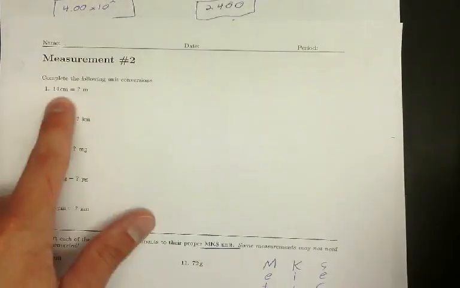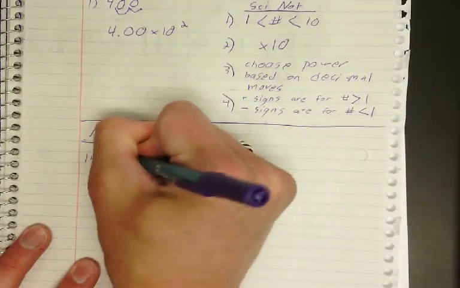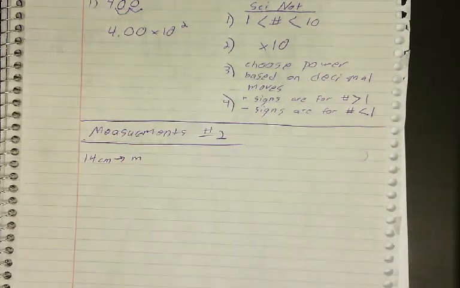All right, Measurements 2. So we're going to convert 14 centimeters into meters. The first thing I need to do is figure out how these things relate to each other. It's called conversion factors. It tells you how one thing relates to something else.